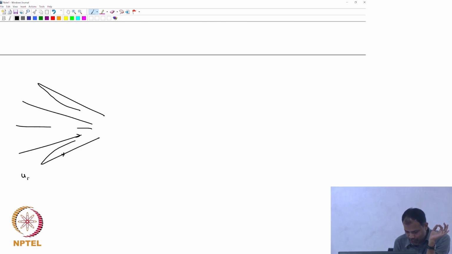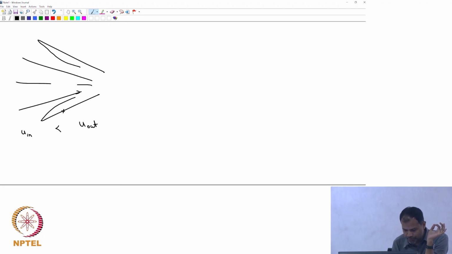So u in is smaller than u out. So that would mean P in is greater than P out, and therefore dp by dx should be less than 0. Correct, in a converging channel?